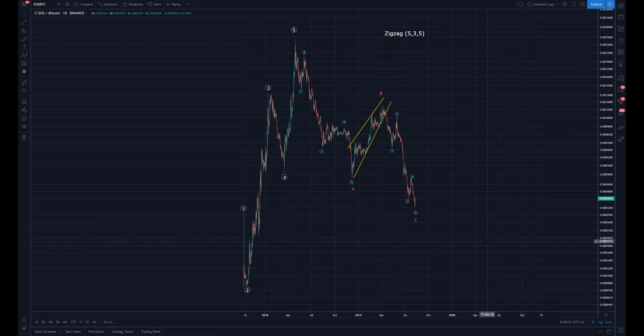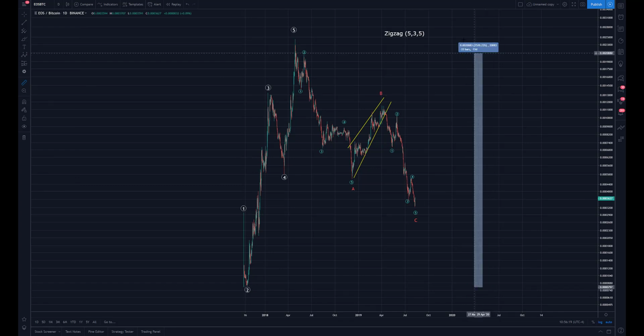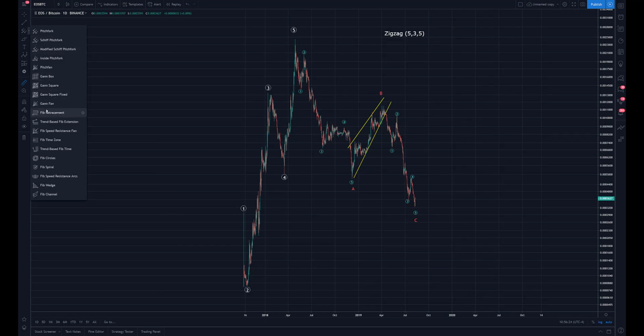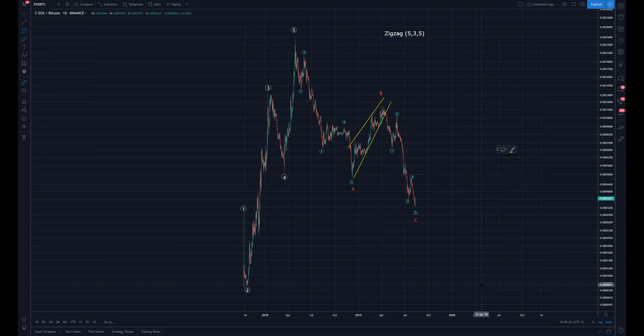Because the best time to buy is at the terminal end of a sizable correction. Okay? This impulse itself, by the ABC zigzag correction, has thus far been retraced by 0.88 or more.